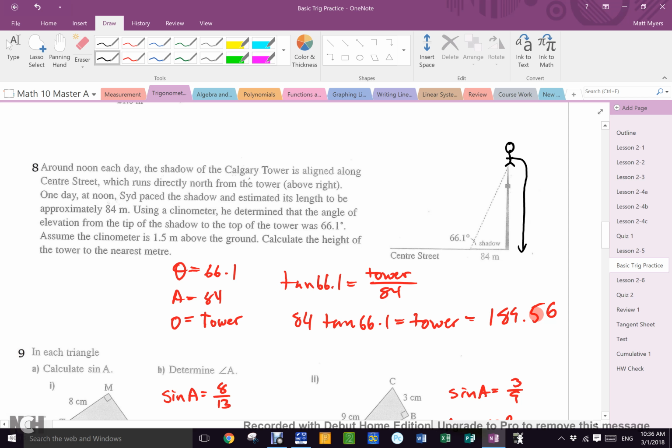Yes, Wong. But we have to add the 1.5 meters because that is where the clinometer is. Oh yeah, I didn't read that. So you should have added 1.5. Actually, I lie. Yes, you should have added that. So it should have been 191.06.